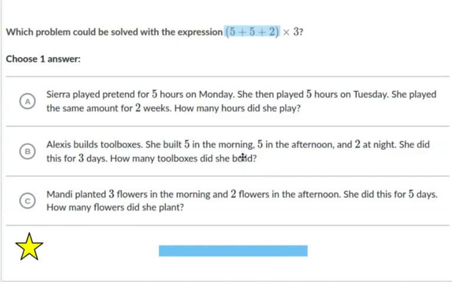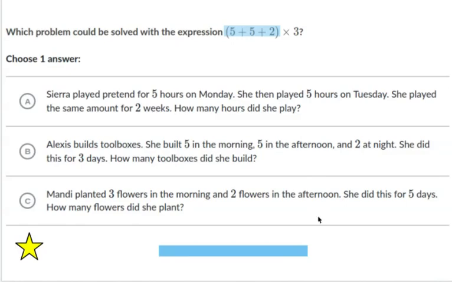So you can see that in one day, she actually built 12 toolboxes. And she's going to do this same routine for 3 days. So when she wakes up tomorrow, she's going to build 5 in the morning, 5 in the afternoon, 2 at night. And then when she wakes up the day after that, she's going to do that same thing again. So this one really sounds like it has a lot of the components of our expression. But before we choose it, let's keep reading.